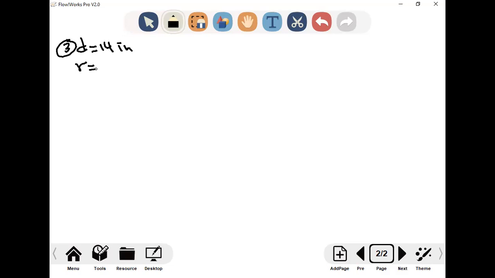Right? So if the diameter is a number, to know the radius, you divide it by 2, take half of it, which is 7 inches. So we use the 7, not the diameter itself, right?